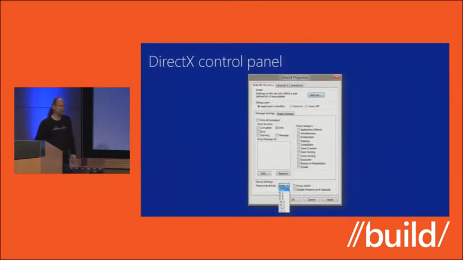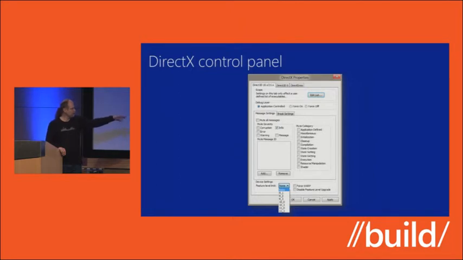Now, suppose you've got a developer machine that's a DX11 machine because it's a big desktop PC, but you want to develop for something like Surface. You can go in and set a limit using a registry key that's defined by a control panel that we ship with the SDK.